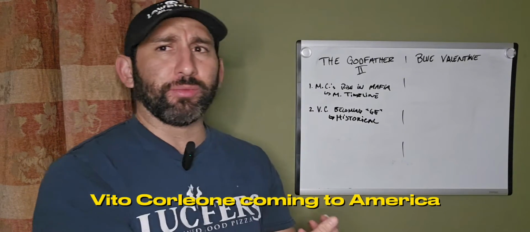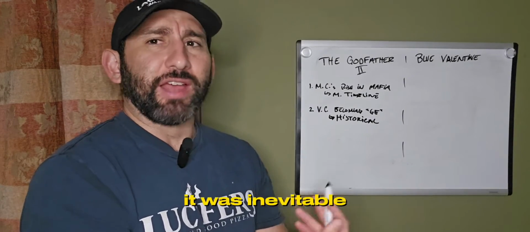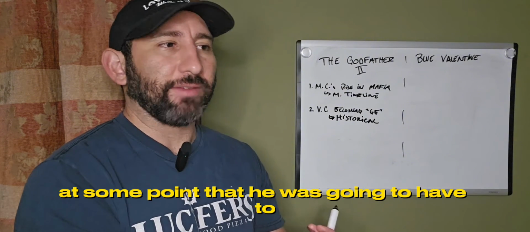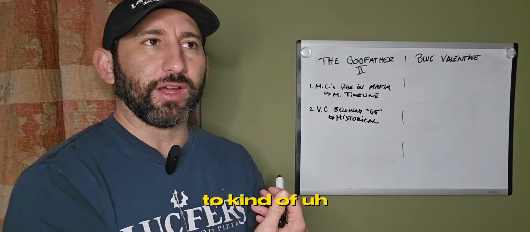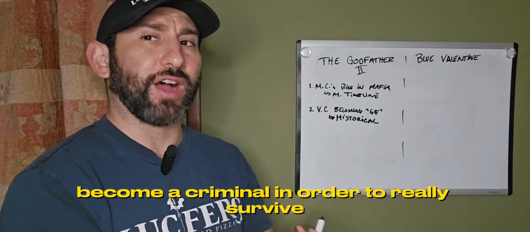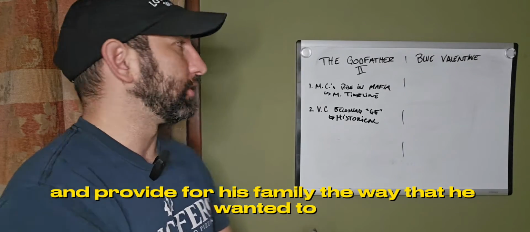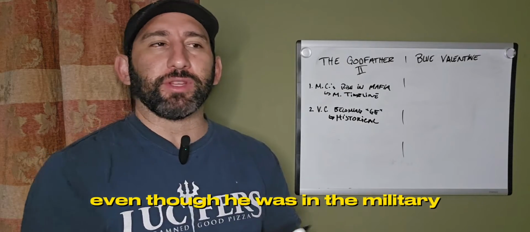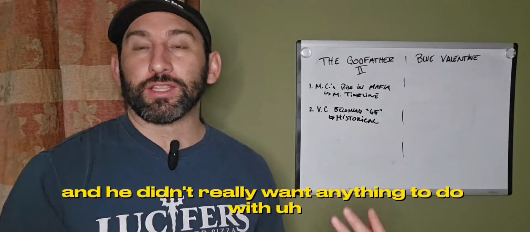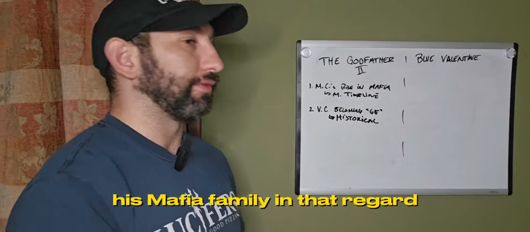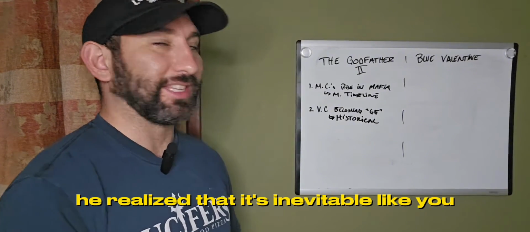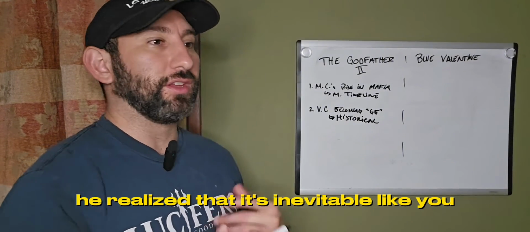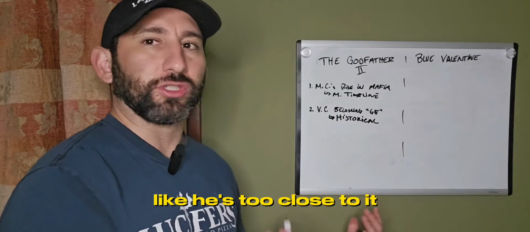Vito Corleone coming to America, it was inevitable at some point that he was going to have to become a criminal in order to really survive and provide for his family the way that he wanted to. And for Michael Corleone, even though he was in the military and didn't really want anything to do with his mafia family, he realized that it's inevitable. He's too close to it.